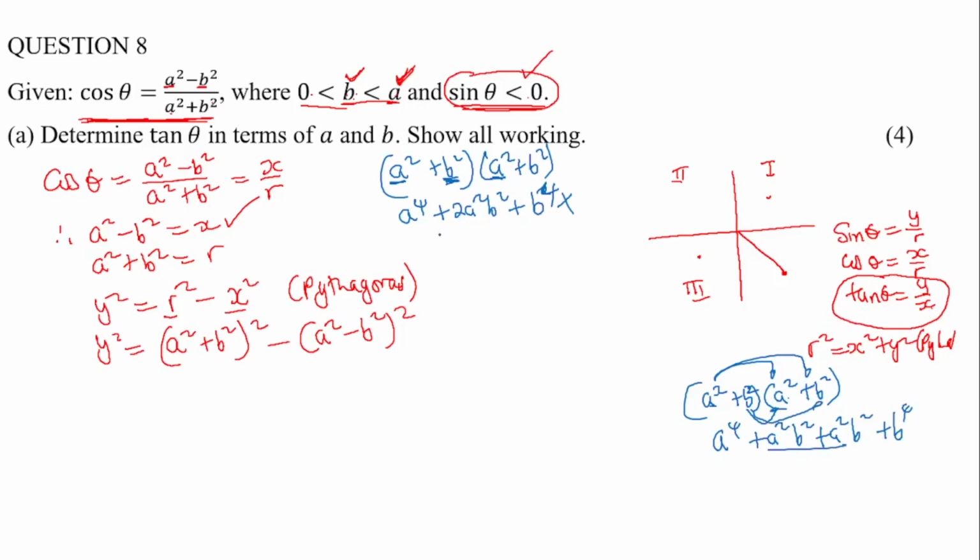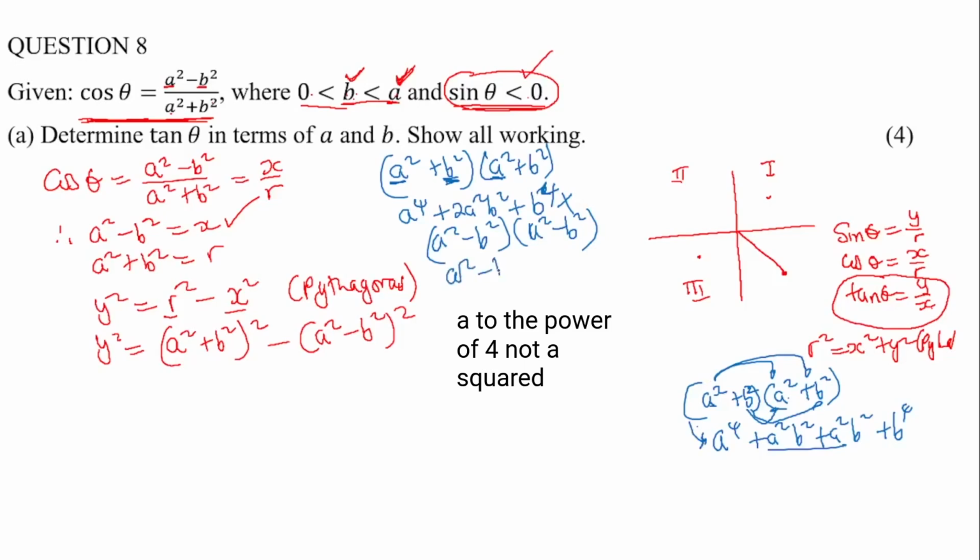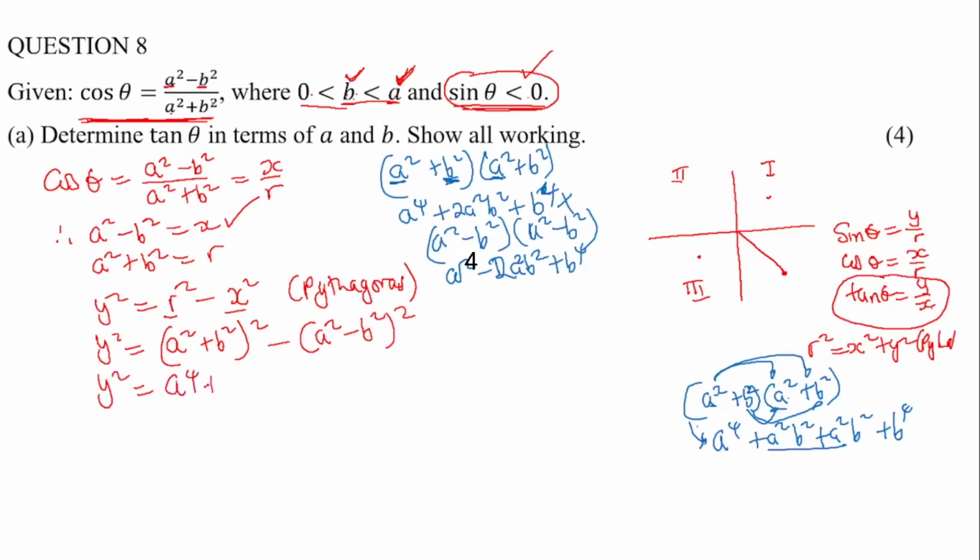Same with a squared minus b squared, all squared, you can do the long way. You will get a to the power 4 minus 2 a squared b squared plus b to the power 4. Please remember that. So y squared is equal to a to the power 4 plus 2 a squared b squared plus b to the power 4, minus a to the power 4 minus 2 a squared b squared plus b to the power 4.